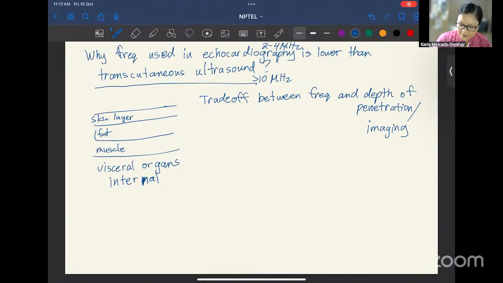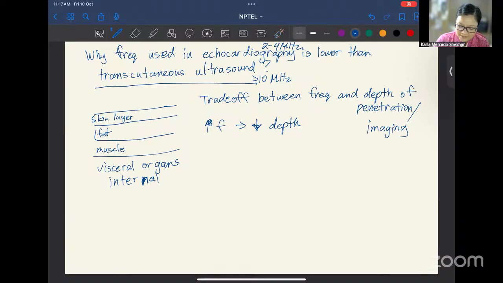So the higher the frequency, obviously, the lower the depth of imaging. So for echocardiography, you need lower frequencies to be able to image deeper into the tissue. For transcutaneous ultrasound, since it's much more superficial, your skin layers, fat layers, then you can go even higher frequency.